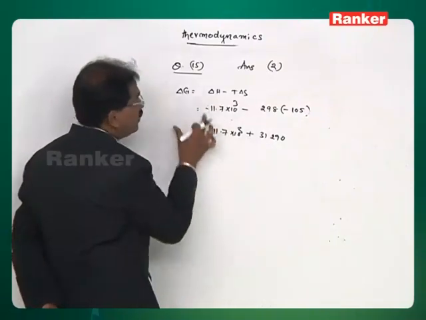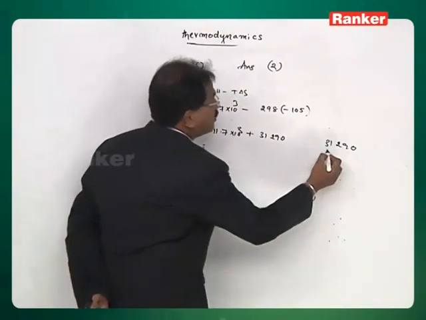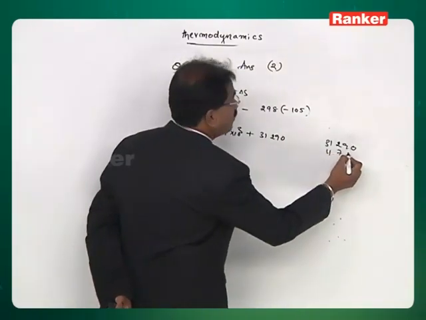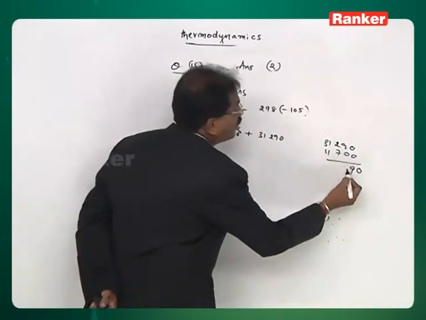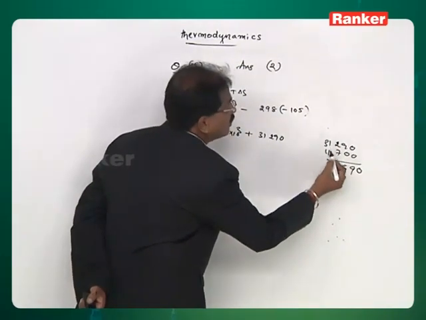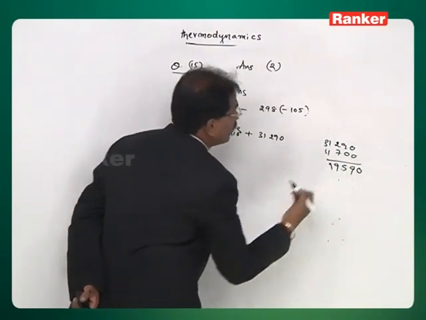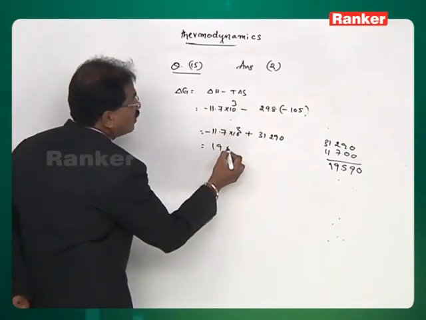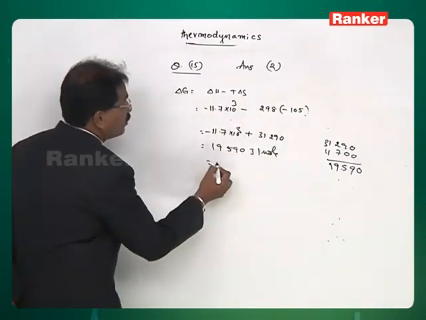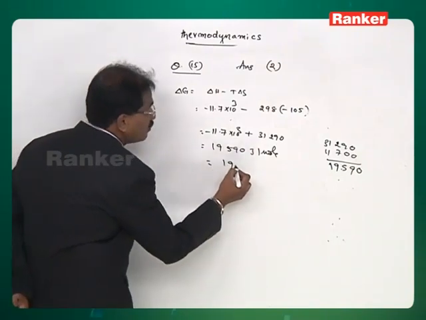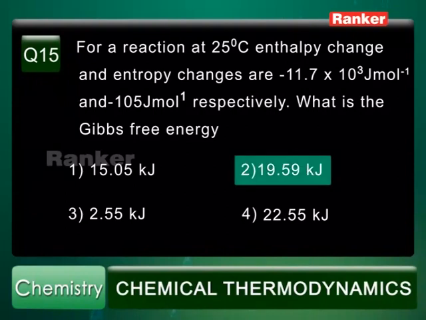Therefore, now the free energy change is equal to 31290 minus 11700. So, answer is 19590 joules per mole or 19.59 kilojoules per mole. Therefore, answer is 2.